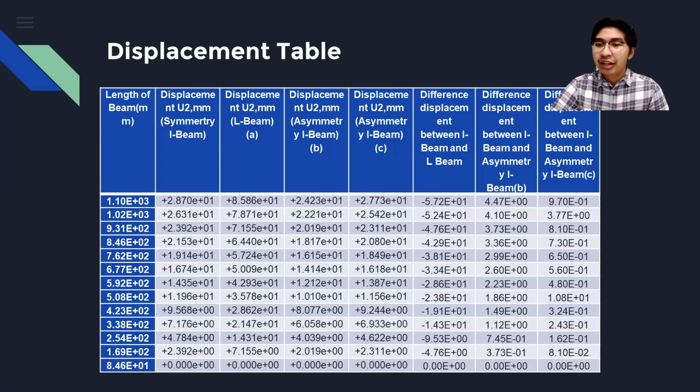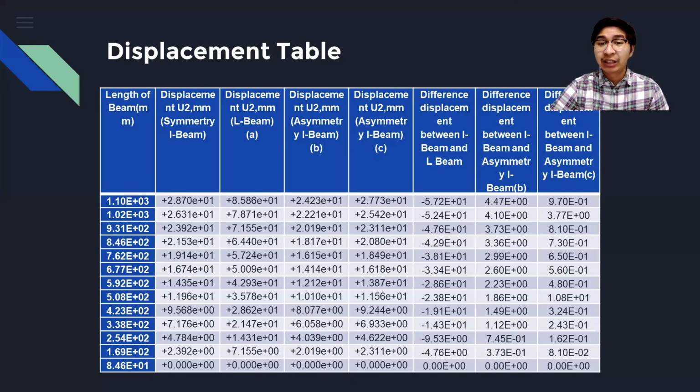In the case of unsymmetrical I-beam 2B, the maximum deformation is 24.23 millimeter. And lastly, the displacement in unsymmetrical I-beam 2C is equal to 27.73 millimeter.